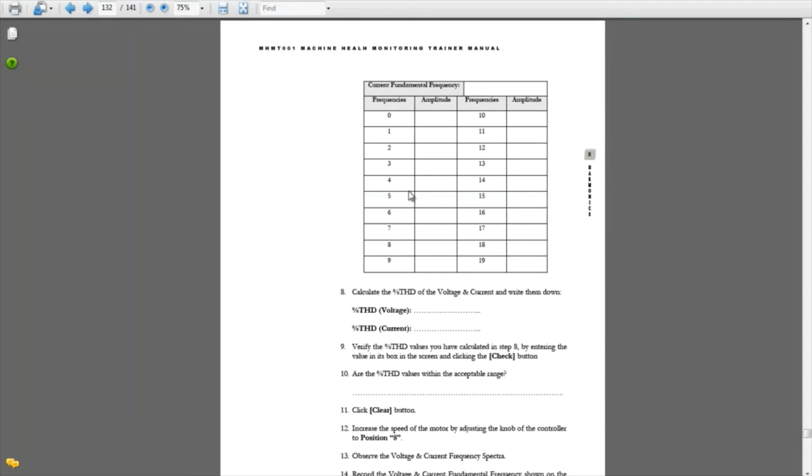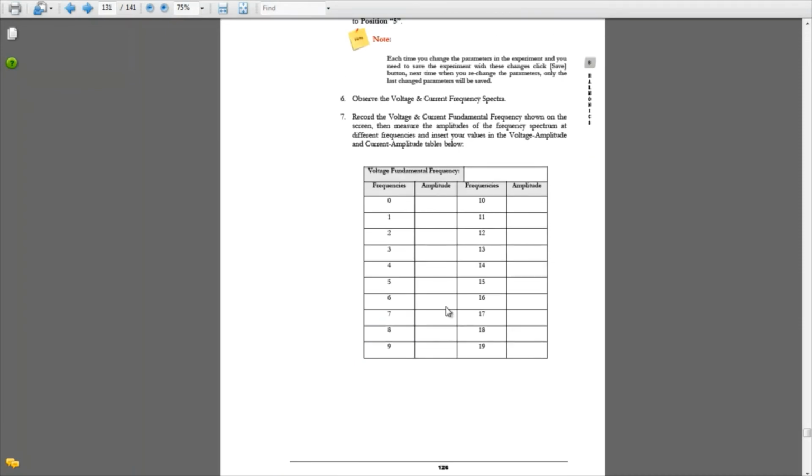If I'm done with that, I will be able to calculate the total harmonic distortion for voltage and also for current. Good. So let me do that again, and I will make the screen very clear for you to be able to capture the values of the frequencies.